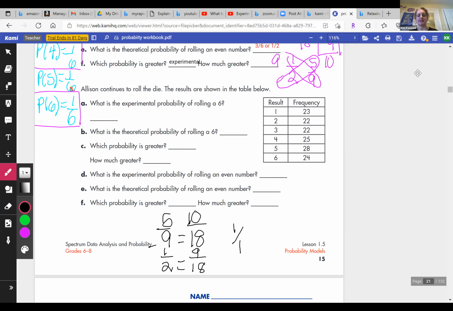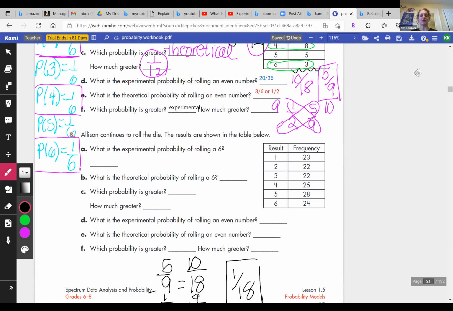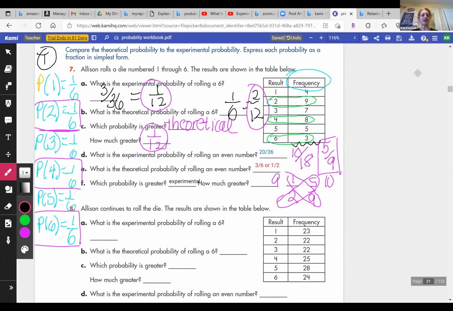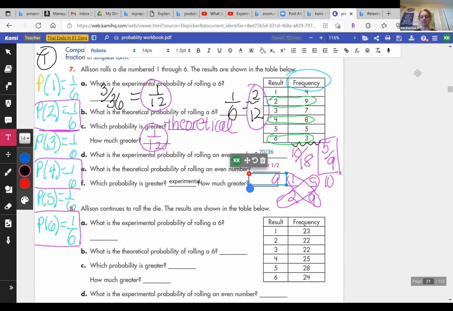So it's 1/18 greater. Are we good with that? So when it says how much greater, I'm sure everyone has a method for doing this. If you just need to use your calculator, that's okay. It's a no judgment zone here. Okay, awesome. We're doing great.